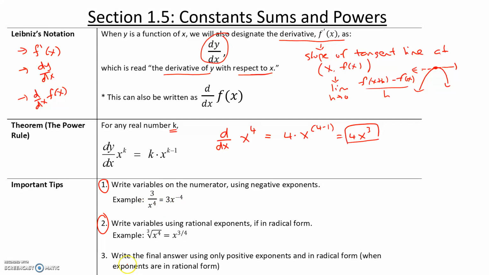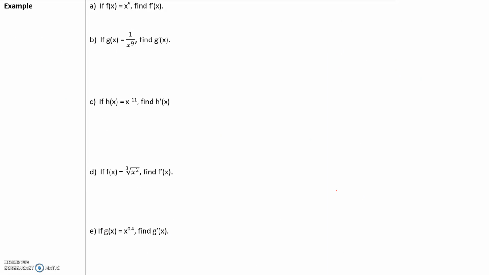The third rule is to write the final answer using only positive exponents, and it doesn't actually need to be in radical form for this class. In MyOpenMath and on the exams, you can leave it in the form of a rational exponent like x to the 3/4. Okay, so let's do some examples.